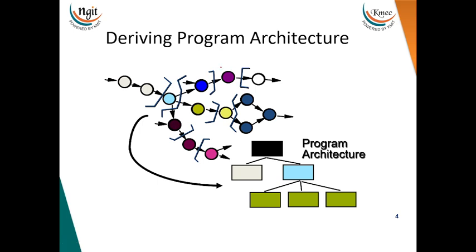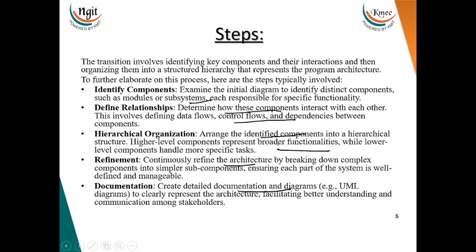We have an architectural process, deriving the program architecture, and how we are going to convert this into that. So what are the steps we are going to do? Identify the components, the initial diagram, identify the distinct components and modules responsible for others, the relationships, how the components flow, how the hierarchical components are related, broader functionalities, and refinement of the architecture, how it is broken down.